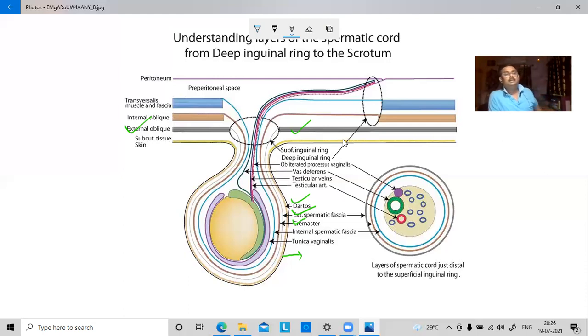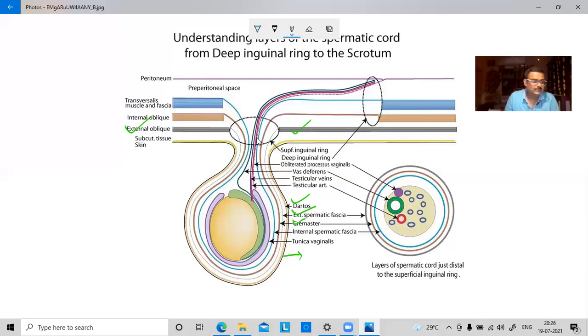It originates from the upper surface of the inguinal ligament in the middle third. From there, a U-shaped loop of the cremasteric muscle originates and surrounds the scrotum and the spermatic cord, right?